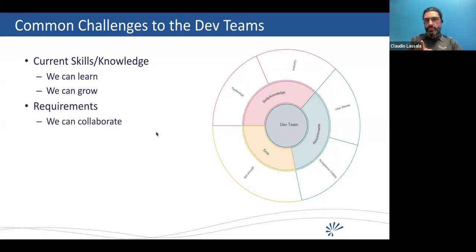Requirements, we can collaborate. So instead of waiting on the product owner to give you a rundown, bullet point by bullet point, of everything that the system is required to do, let's collaborate, because maybe the product owner, the business analyst, they're also trying to figure that out. They don't know the answer to everything, right? Present the why to the team. Let's have the conversation.